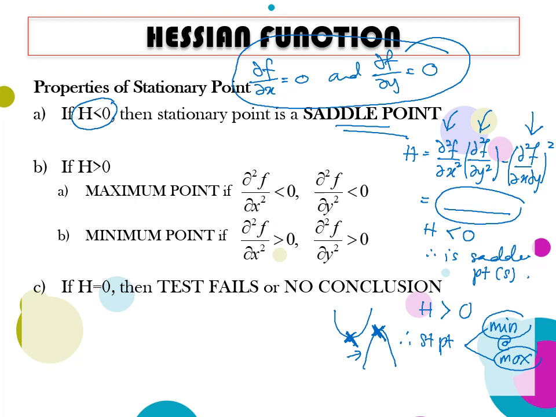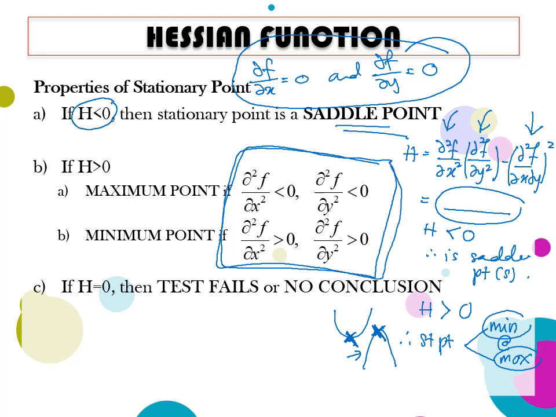So from the Hessian, if it is greater than 0, there are two possibilities, minimum or maximum, but the result must be only one. In this case, to determine whether it is a minimum or a maximum, you need to test this condition.